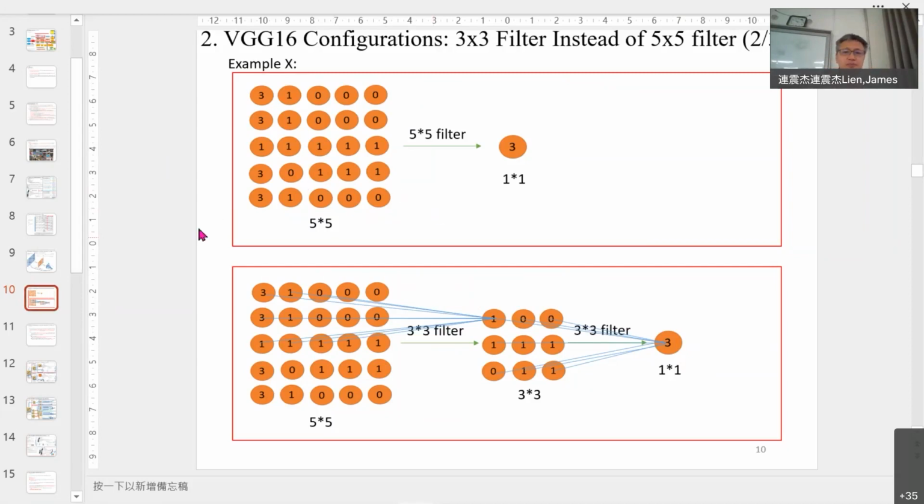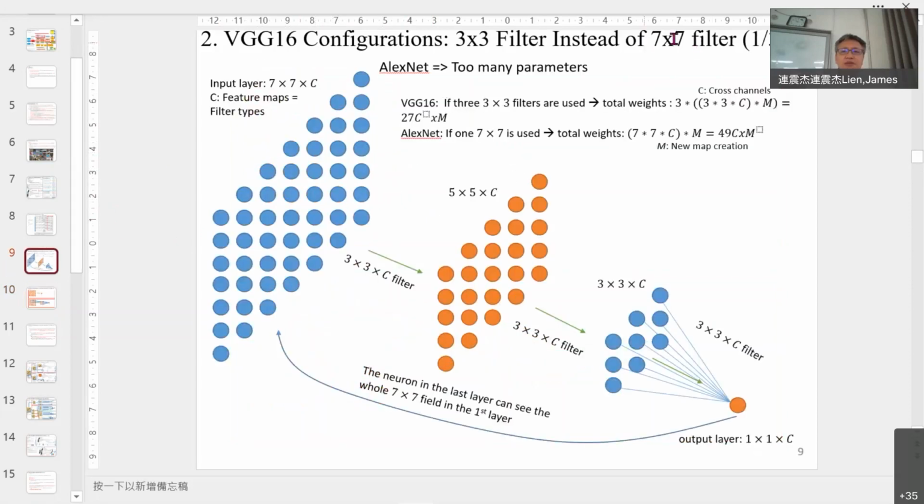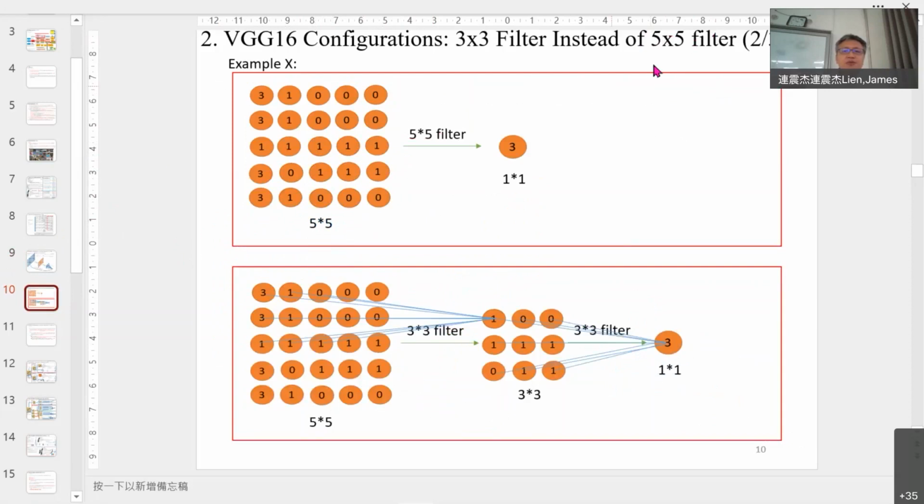Okay. So here is the other example. Sometimes if you use 5x5, you need to use two 3x3 instead of one 5x5. For the parameters, 5x5 is 25, 3x3 is 9, and 9 times 2 is 18.